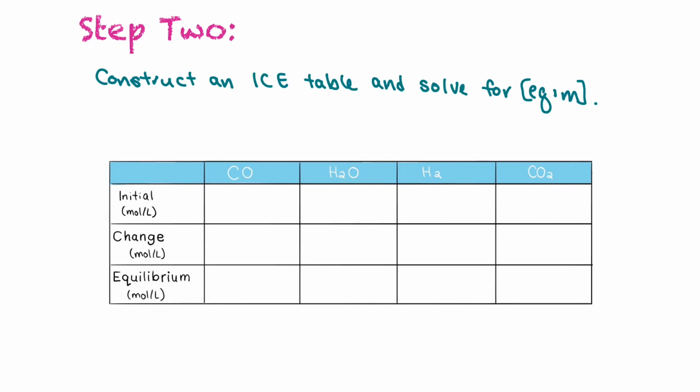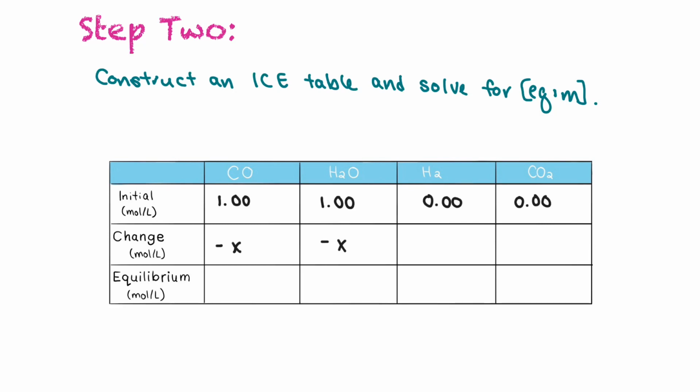So in this case, we had 1 mole of each of the reactants and no moles of the products. Now, that's all we know, but we know that things will occur in ratios. So we know that carbon monoxide is going to go down by x, and so is water.